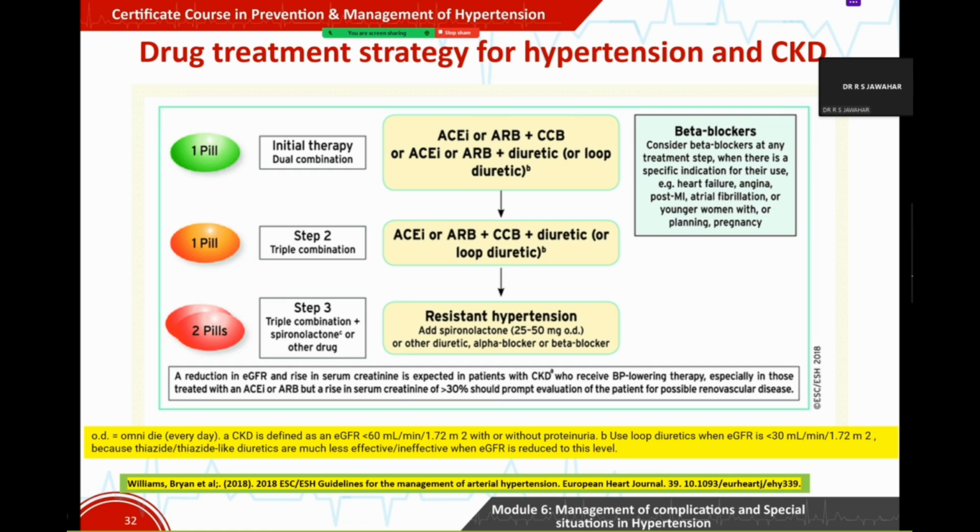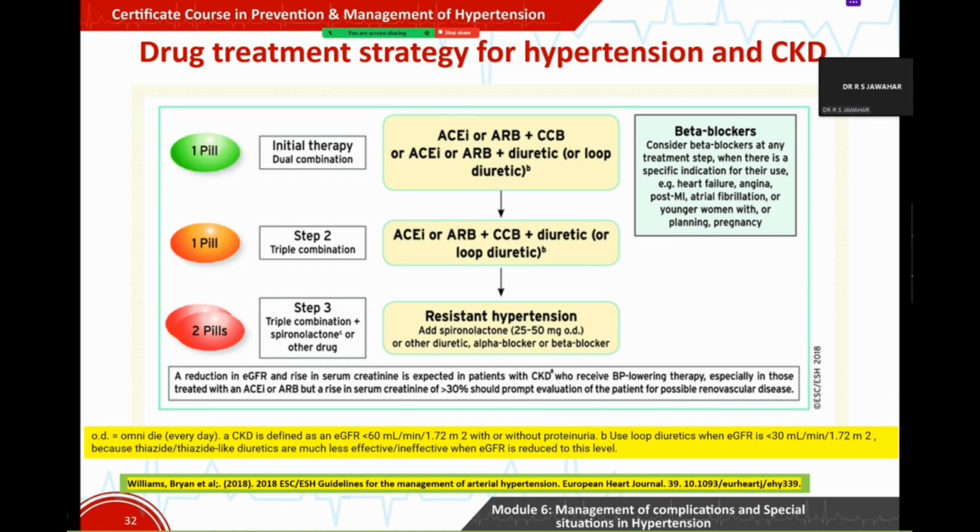So drug treatment, hypertension and CKD. So single initial therapy is always a dual combination. So ACE or ARB plus CCB is one choice, or ACE or ARB plus a diuretic. So both are available right now in the market. Your Telmisartan H, okay, or your Telma AM.